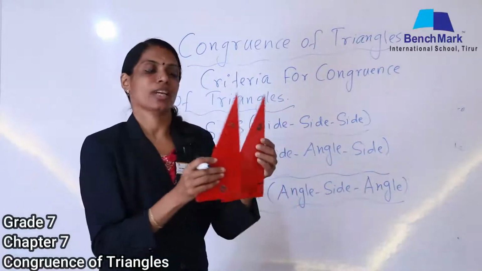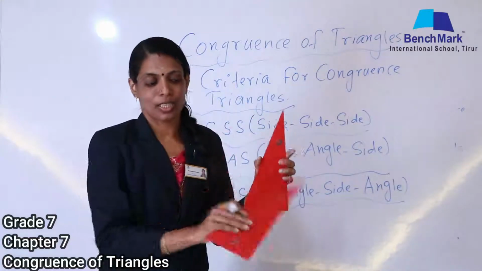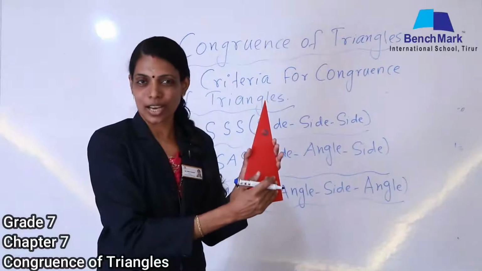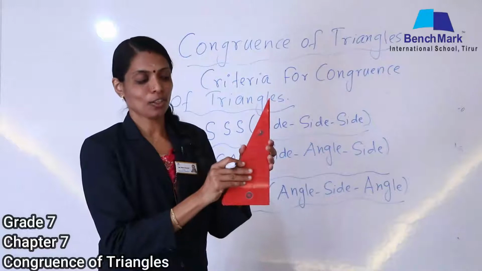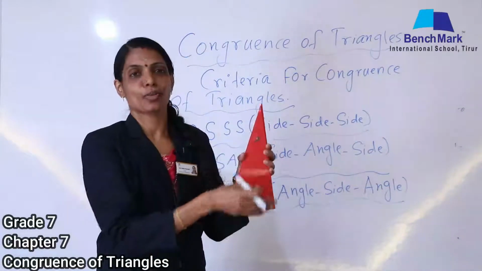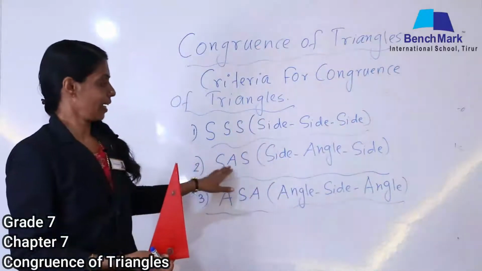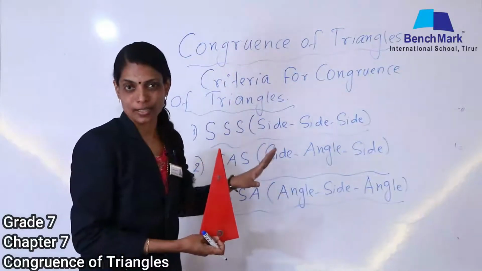Then these two triangles are said to be congruent. So, how do we conclude? The two sides and the included angle of one triangle are equal to the two sides and the included angle of another triangle. They are said to be congruent. This is the meaning of SAS criterion for congruence of triangles.